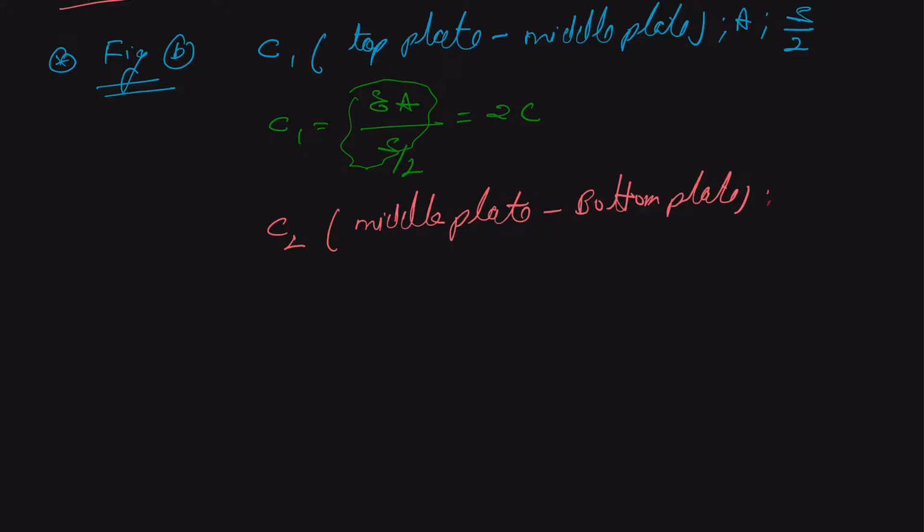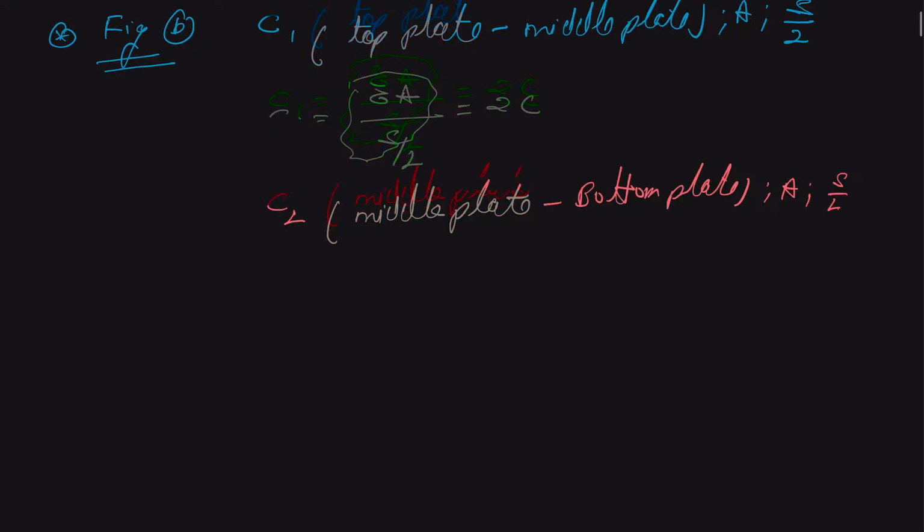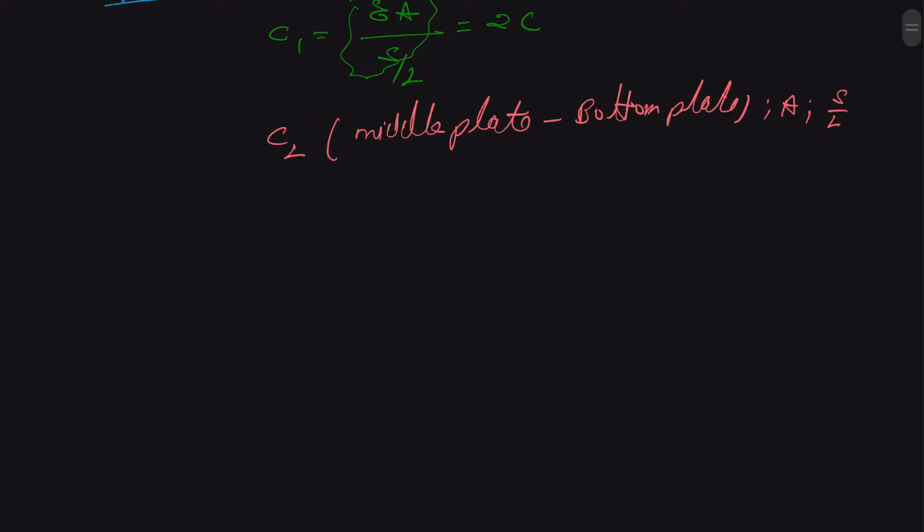Once again, the area is A and the separation between the plates is S by 2. Therefore, C2 will also be equal to 2 times C. So both C1 and C2 are nothing but 2 times C.